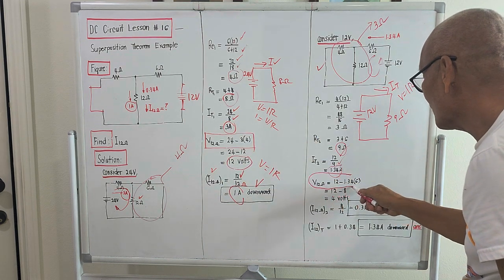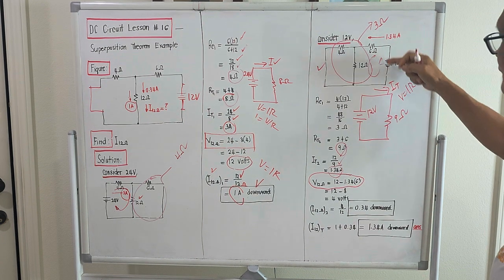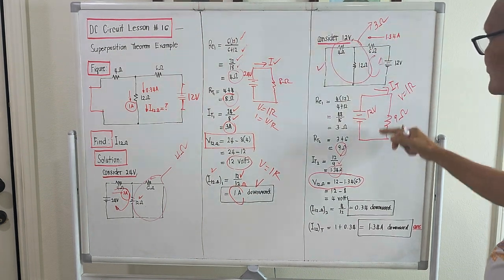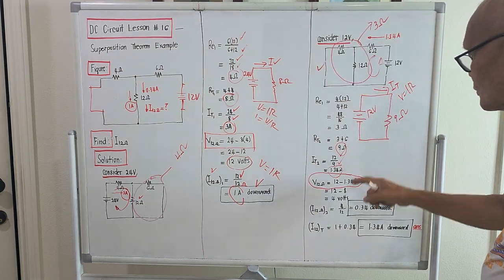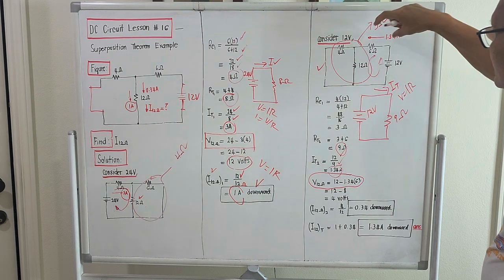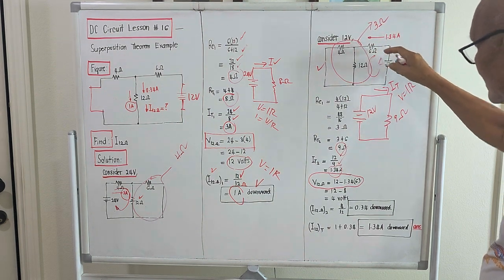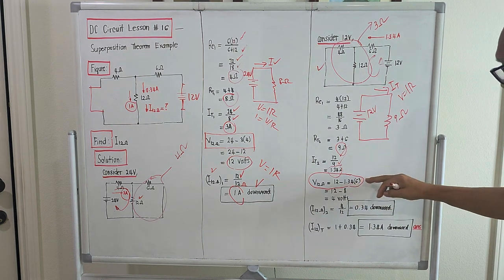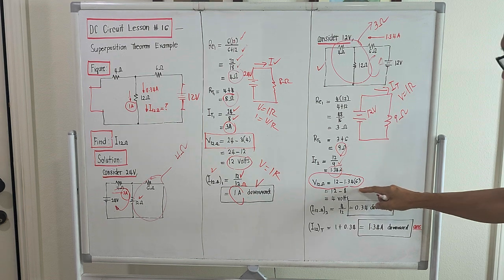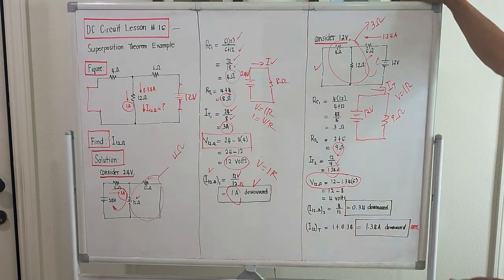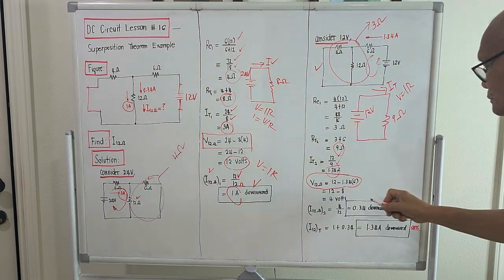We take the summation of the Kirchhoff's voltage law, meaning 12 volt minus the drop here minus the drop here should be equal to 0. If we try to compute for this, it will be 12 minus the drop here. The drop across the 6 ohm load is actually its current passing times 6. So this is 1.34 times 6. 12 minus, this is approximately 8. So the voltage across the 12 ohm load will be 4 volts.